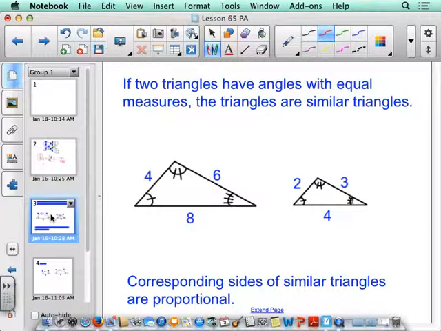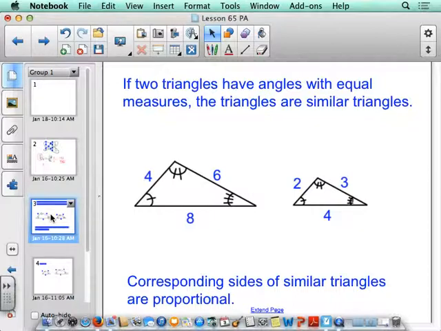Now, what does it mean to be corresponding? Anyone know what corresponding means? If I'm corresponding with someone in another country, what am I doing? I'm communicating directly with them, aren't I? I'm corresponding with them. Corresponding within geometry and math means that those sides, if I were to take this triangle and line it up with this triangle, they're the sides that match up.